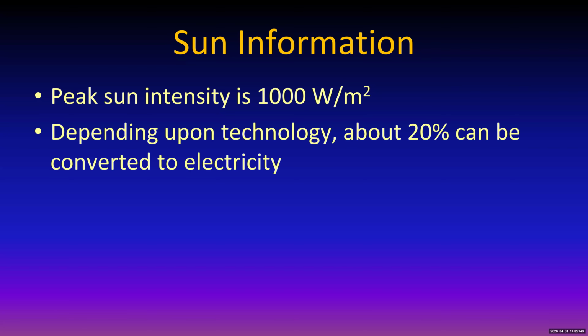Up at the top of the atmosphere, it's about 1,367 watts per square meter. So that means the atmosphere absorbs it, and the more atmosphere the sun goes through, such as at an angle, it means that rather than 1,000 watts per square meter impinging on that solar panel, you're more likely going to be seeing 800, 700, 600, 500 watts per square meter.